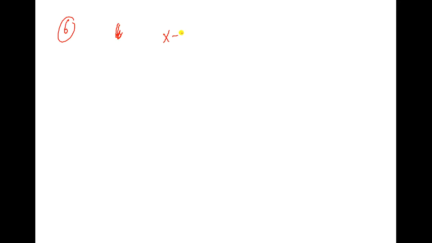I have x minus 9 multiplied by 2x plus 3 equals 0. Now again, this is the zero factor property. That means two things multiplied by each other equal 0.